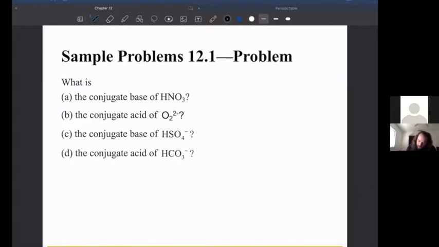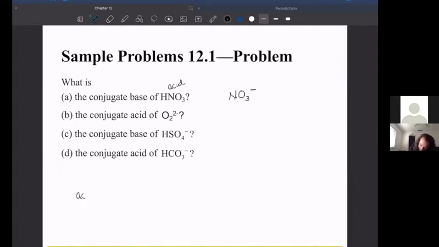Well, so if it's asking me for the conjugate base, that means that this is the acid. What do acids do? They donate protons. So to go to the conjugate base, I'm going to have to lose that proton, so NO3, and importantly also decrease my charge by 1.